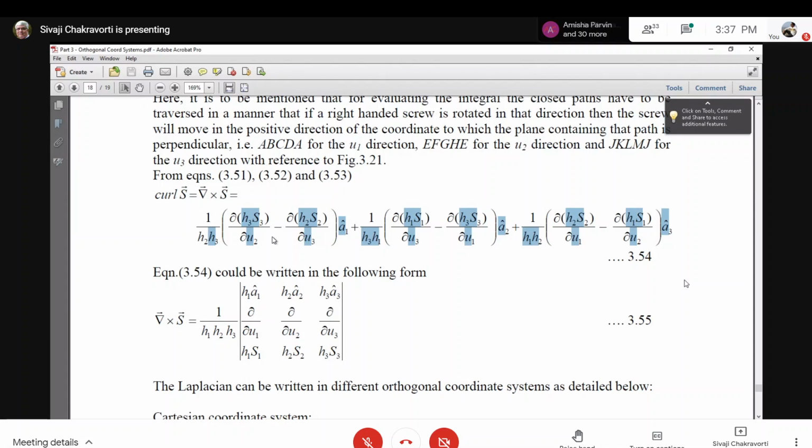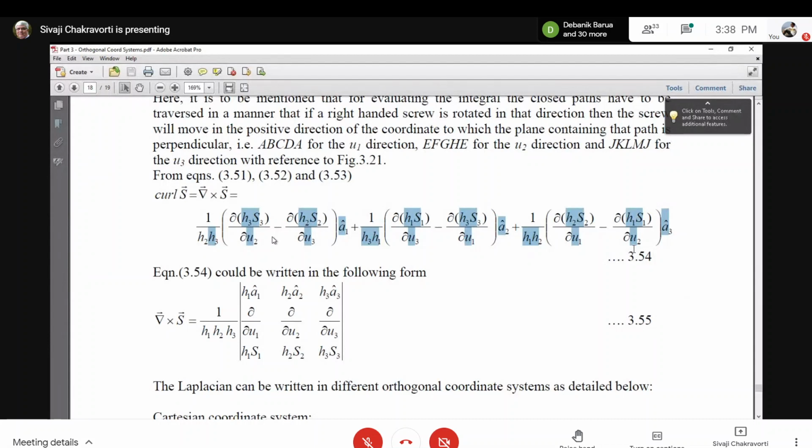Which component do you integrate? Of course, S1, S3, because these are in the U3, U1 plane. Then the third one, that is the U3 component: you take an area in the U1, U2 plane, and then take the line integral using, of course, these 2 components, S1, S2, and you get the third component.